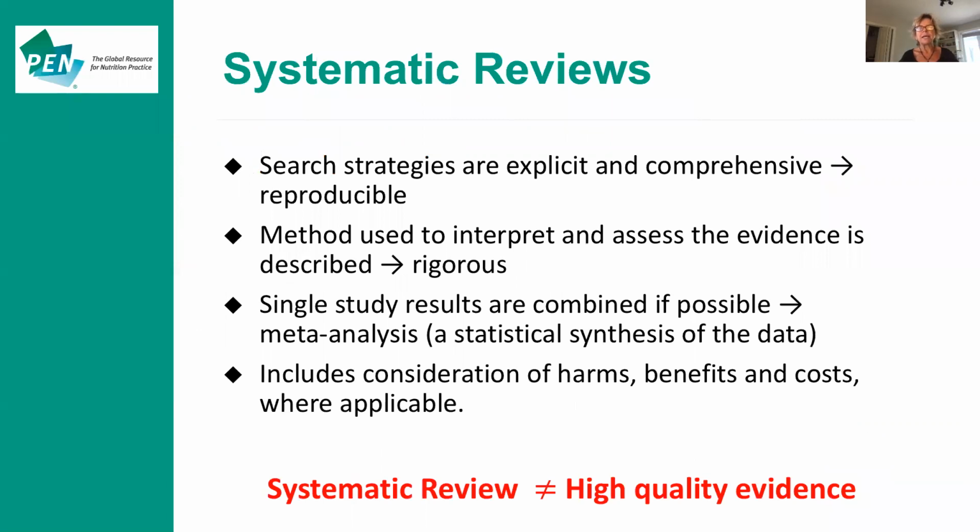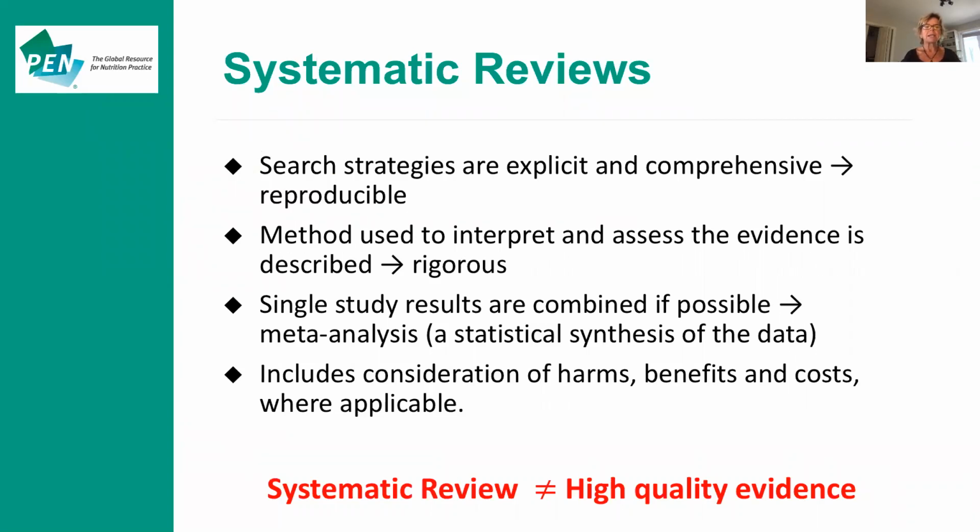systematic reviews. A systematic review is a rigorous, systematic approach to review primary studies on a topic. It doesn't mean that a systematic review is high quality evidence. The studies in the review will determine the quality of evidence, but a systematic review should have an explicit and comprehensive search strategy, so it would be reproducible if anyone else were to do it.